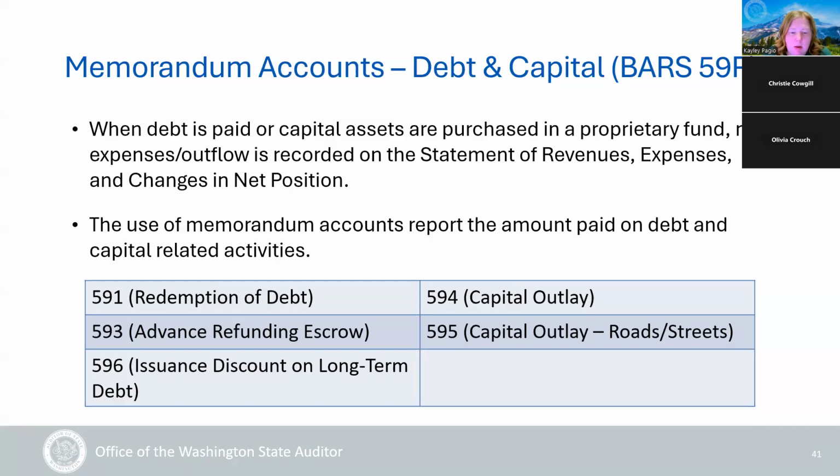As you can see, these memorandum accounts are the same ones you use to report these activities in governmental funds. However, the difference is when they are reported in GAAP proprietary funds, the filing system automatically knows to omit those amounts to avoid balancing issues.